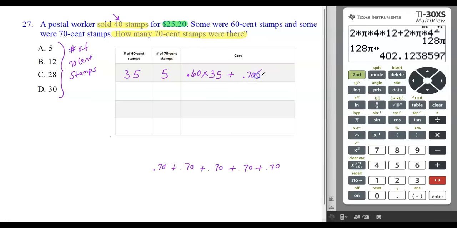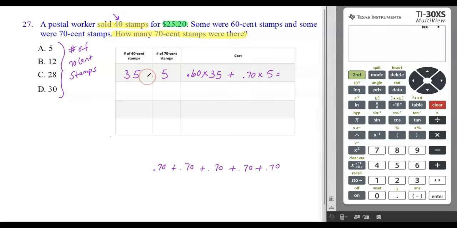0.70 times 5. I'll punch this into my calculator. If I get out 2520, then A is my answer choice. So let's clear this out. So we take 60 cents from right here, multiply that by the number of 60-cent stamps I have, which is 35, plus, from right here, 70 cents times 5.